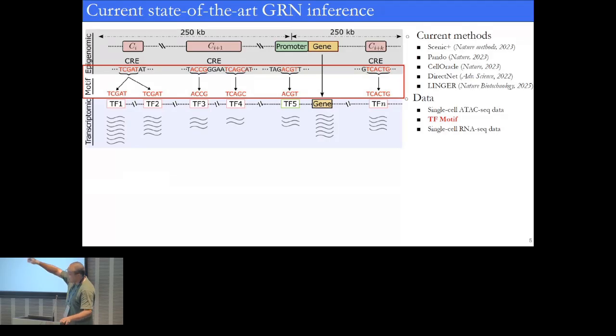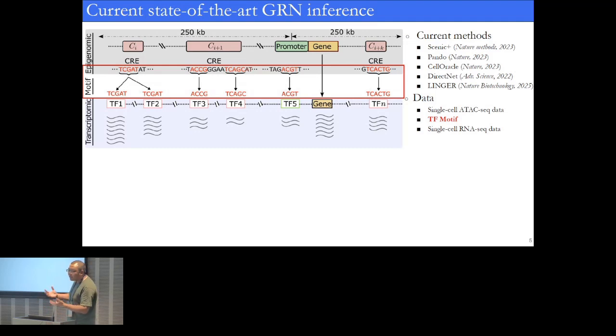As you can see here, in the first open region we have the sequence TCGAT, and we know the motifs for TF1 and TF2. That TCGAT indicates that those two transcription factors could have the potential to bind to this open region. Then we go across all the open regions to do motif matching, and we get a set of transcription factors with potential binding to those open regions.